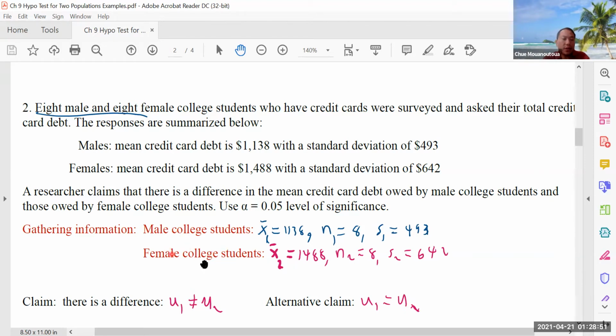This information here is about those 8 females and 8 males, so this is a sample. When I make a claim, I say all male college students, and that's why you use the letter mu.